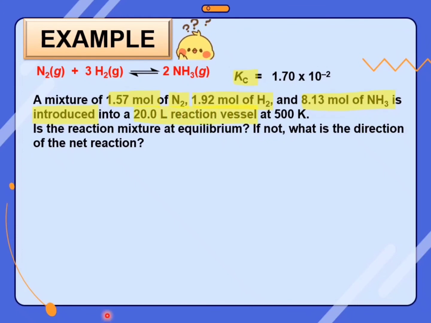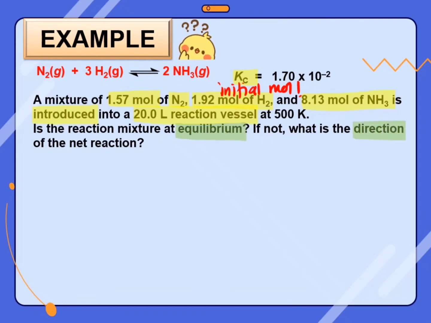It means that these numbers of moles are the initial moles, because they are just being put into the container. And as usual, the question asks you to predict whether the reaction is at equilibrium, and if not, the direction of the reaction.